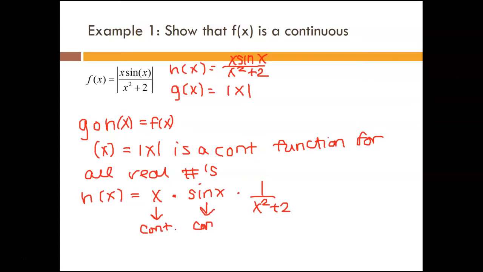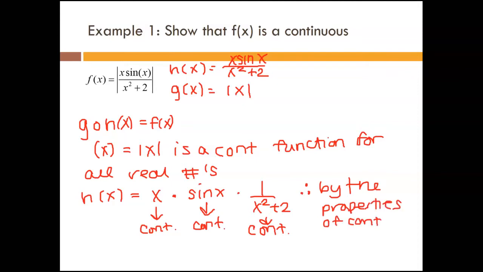Sine x is continuous. And 1 over x squared plus 2 is continuous because there are no values that will make the denominator 0. Therefore, by the properties of continuity, h of x is also continuous.